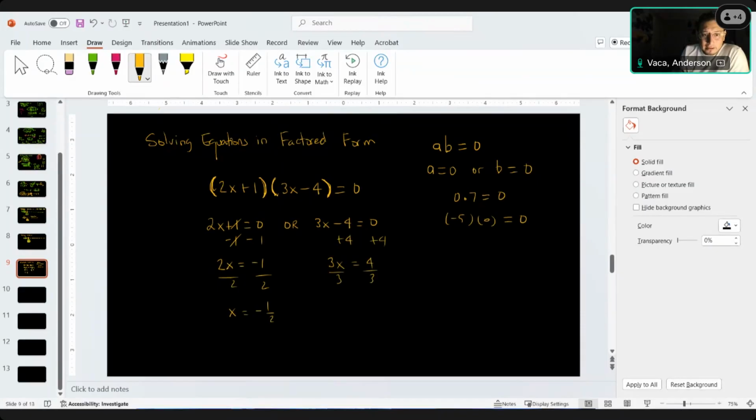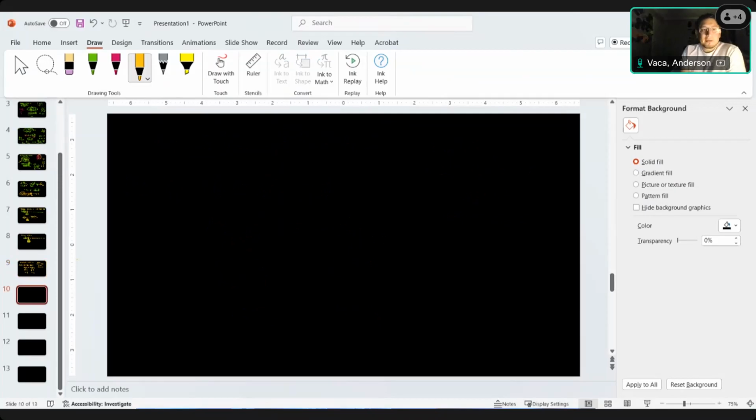Divide by 3. x is equal to 4/3. So this particular equation has two solutions, and those are the numbers -1/2 and 4/3. Okay. Let me do another example that might be a little bit more complicated.